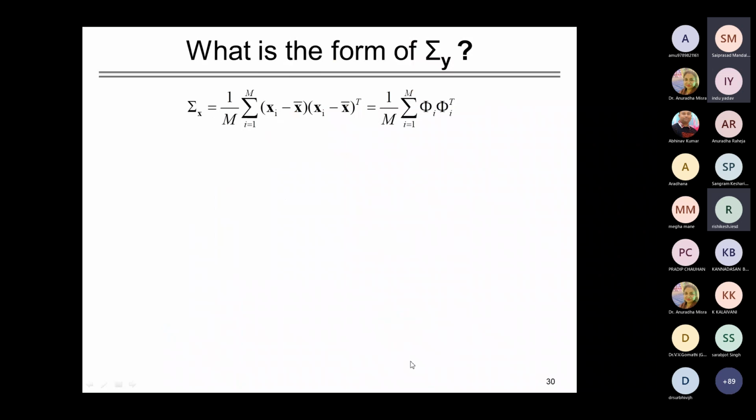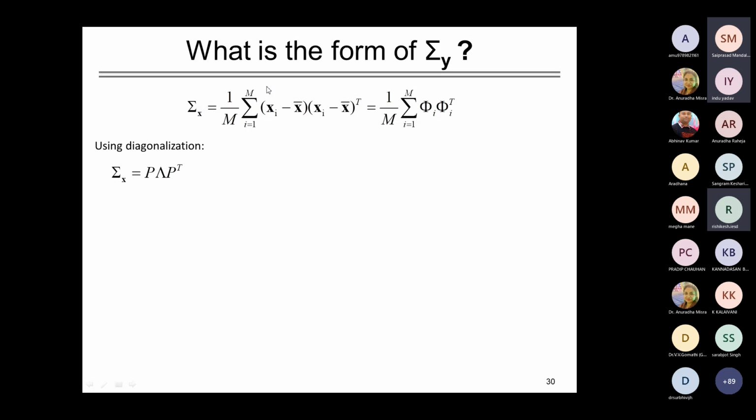So what is the form of sigma y? Sigma x is 1 upon m, sum over i going from 1 to m, of xi minus x bar times xi minus x bar transpose.